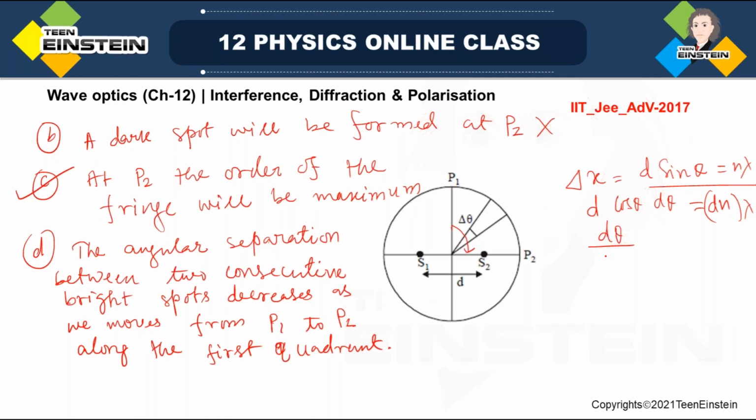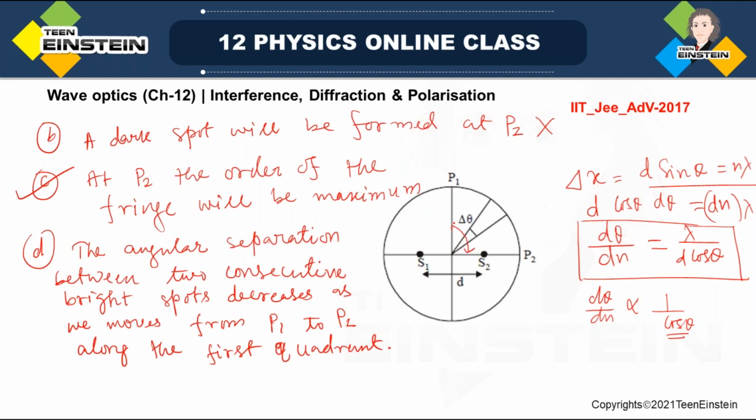So d theta by dn will be lambda by d cos theta. This is the angular separation between consecutive fringes. This is a constant term, and the only varying quantity is cos theta, so d theta by dn is inversely proportional to cos theta.